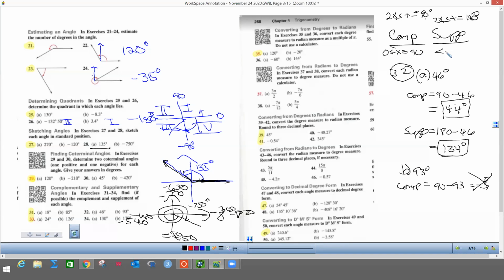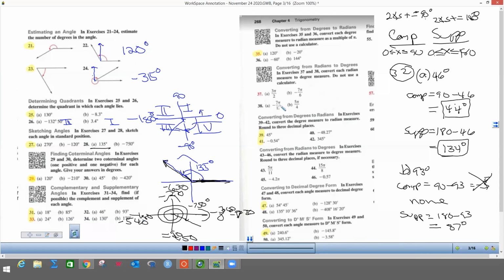And a supplementary angle has to be between 0 and 180. So you cannot have a negative, so we would say none for the complement. And then for the supplement, we're going to get 180 minus 93, and we would end up getting 87 degrees as our supplement.